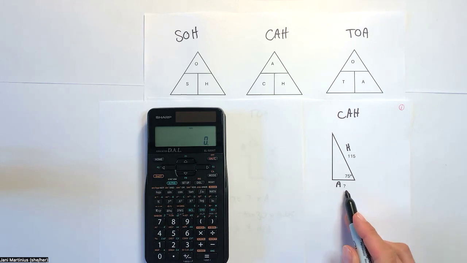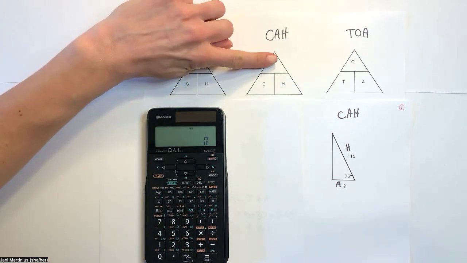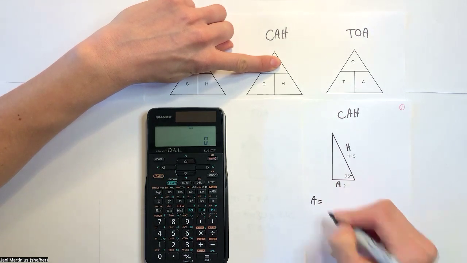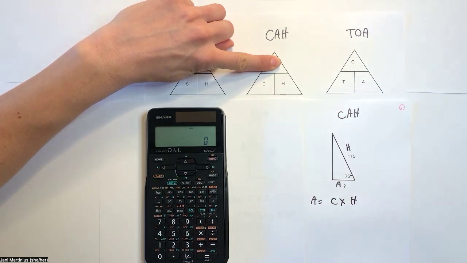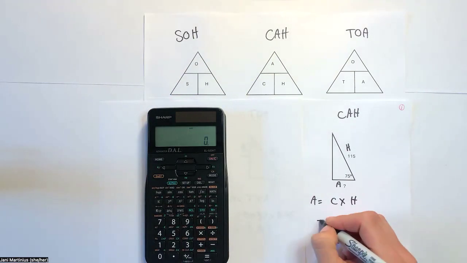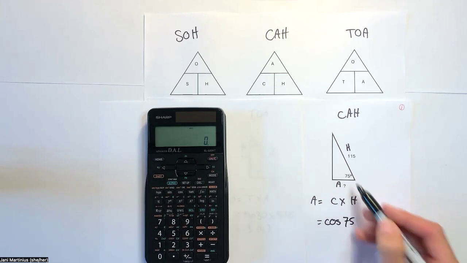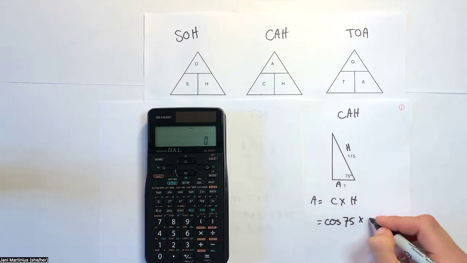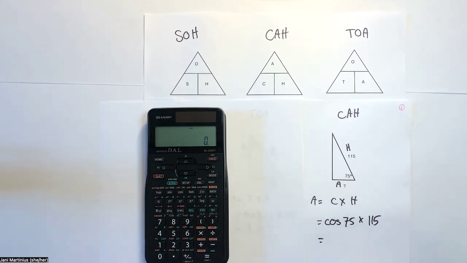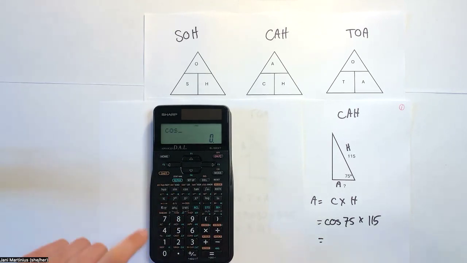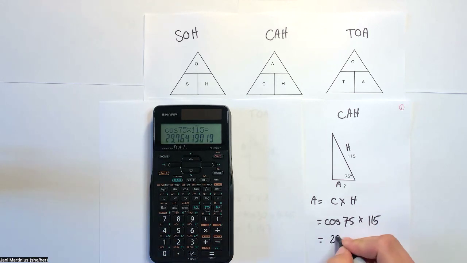So we are looking for A, so that means if I blot it out with my finger, it leaves us with C times H. Excellent. Now we can pop in some numbers. So that is cosine, right? So cos 75, that's our angle, times the hypotenuse, so times 115. And then we just punch that in the calculator. So cos 75 times 115 gives us 29.764. So that is the length of our adjacent side.